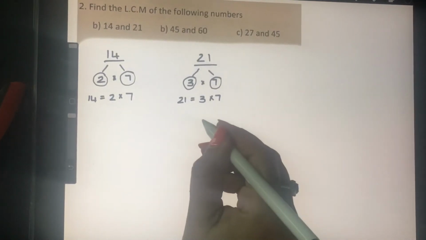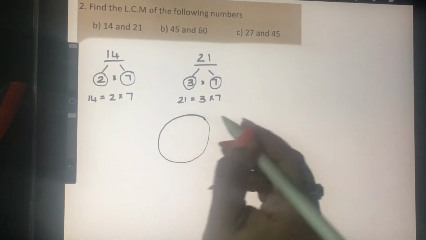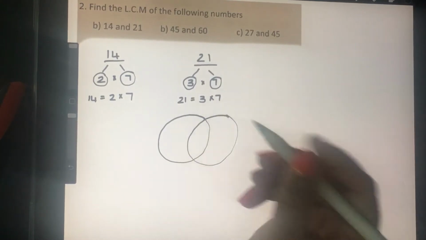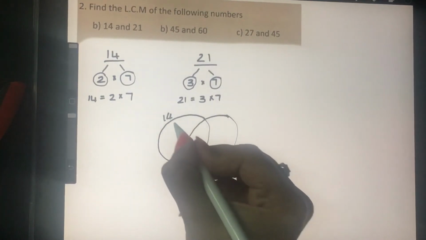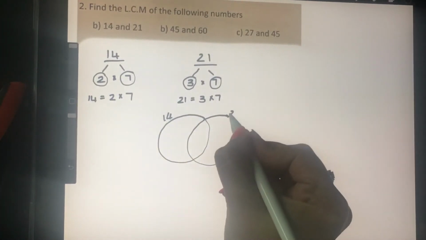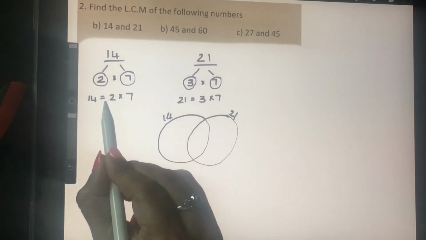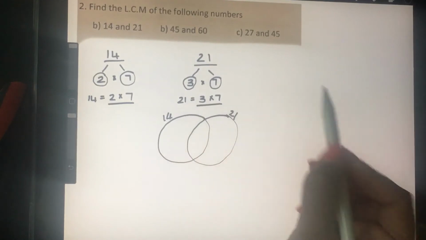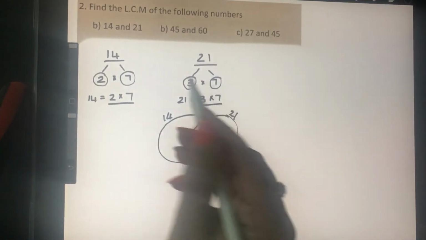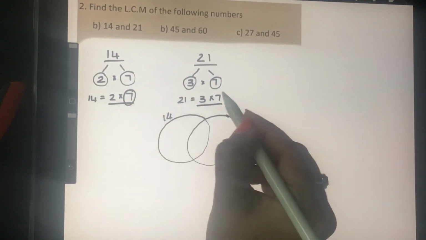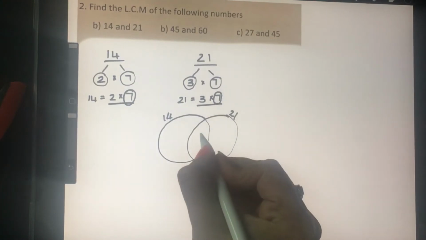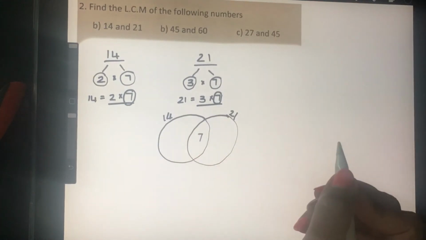Right, then we need to draw a little Venn diagram where 14 is represented by this circle and 21 by this circle. Now, first of all, we need to see what factors are common in both of these sets. There's only one number 7 there and a number 7 there. So the number 7 goes in the middle.